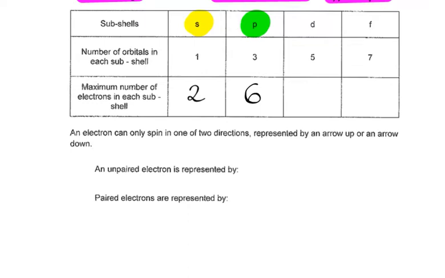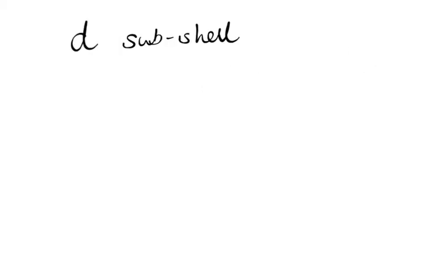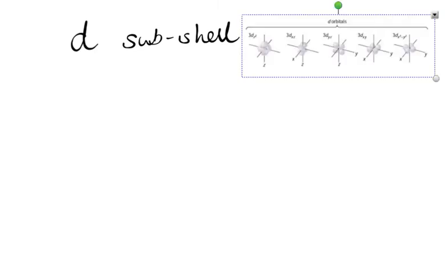Let's move on to the D subshell. You can see it's getting slightly larger now. The D is made up of 5 separate orbitals, and there's a little image showing the different shapes of the D orbitals.